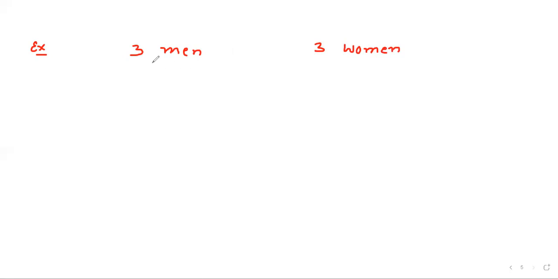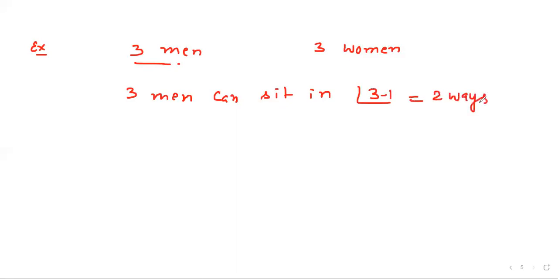So let's see, 3 men, since there is distinguishability, 3 men can sit in factorial 3 minus 1, that is 2 ways.